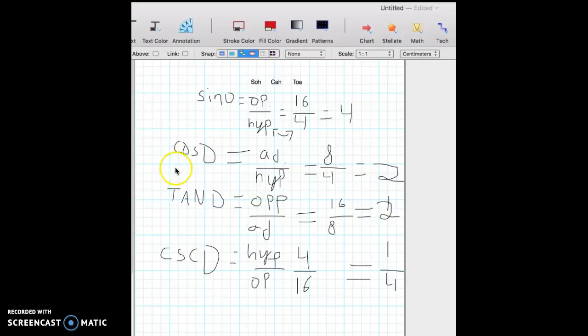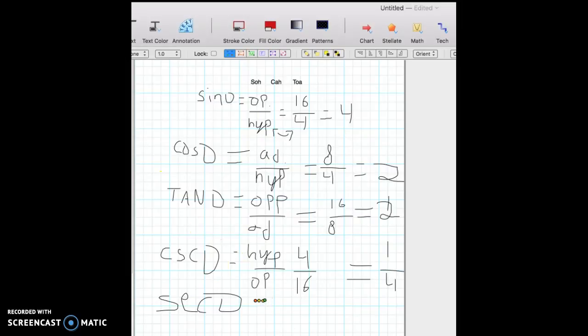Perfect. Now we're going to move on to just secant. So we're going to abbreviate that with SEC. Secant of D. So we're doing all 6 trig functions. All 6 of them.